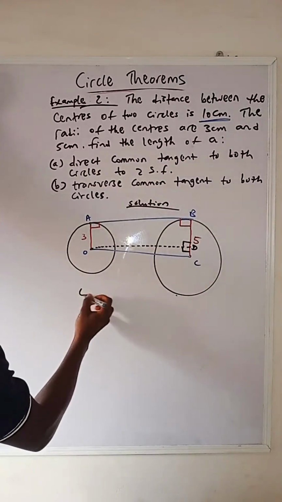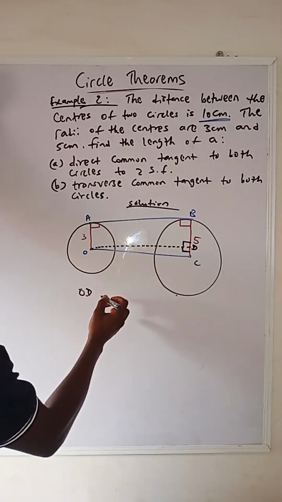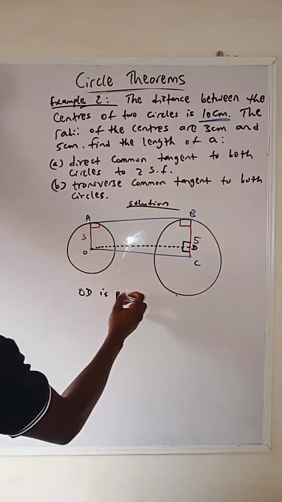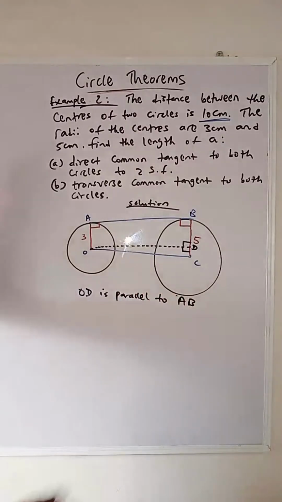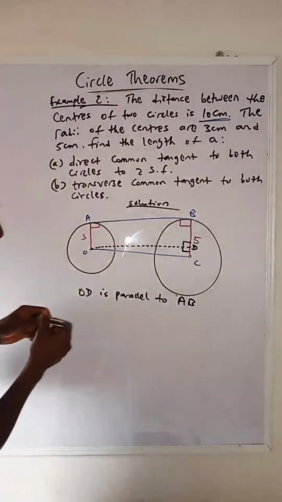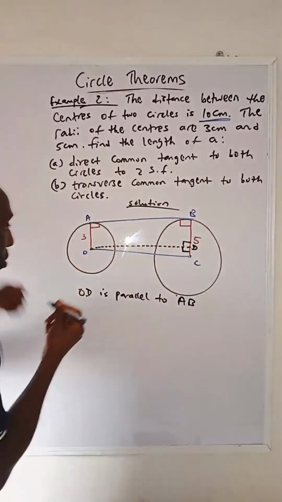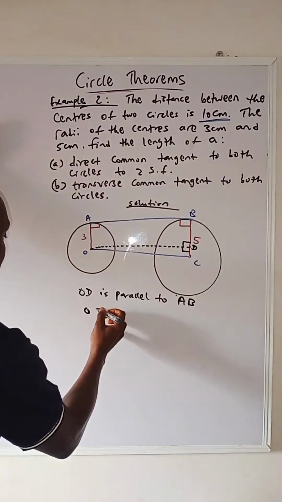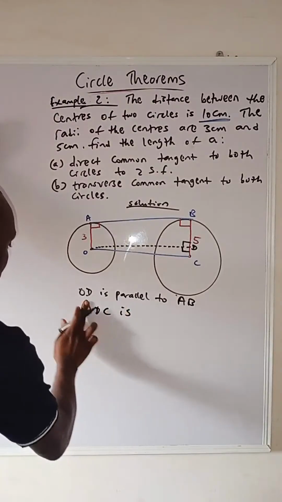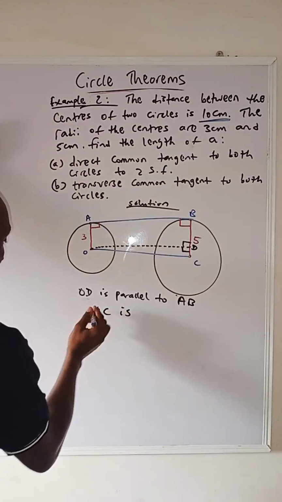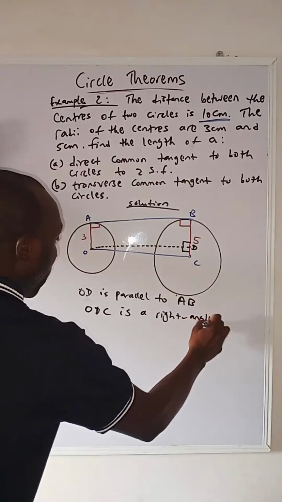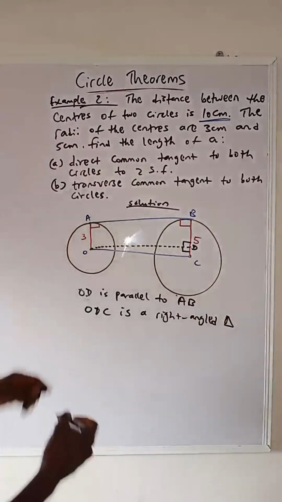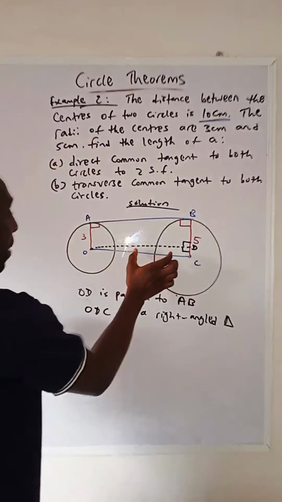We can say that OD is parallel to line AB. And what we have now is a right angle triangle. So I will say that ODC is a right angled triangle. Okay? Yeah.